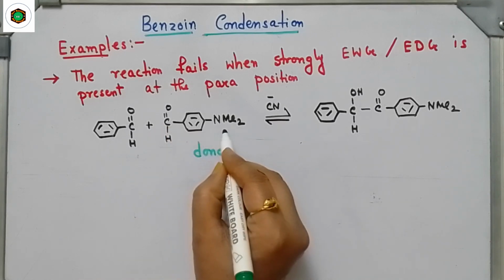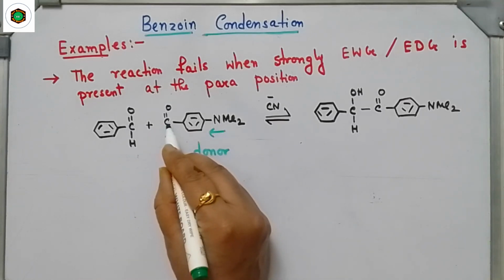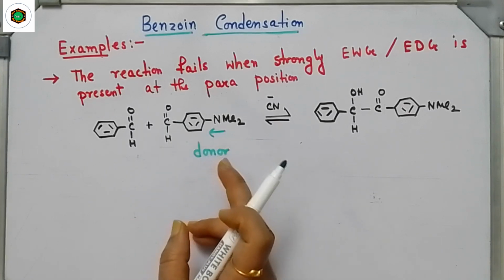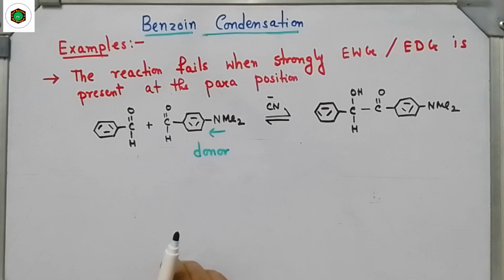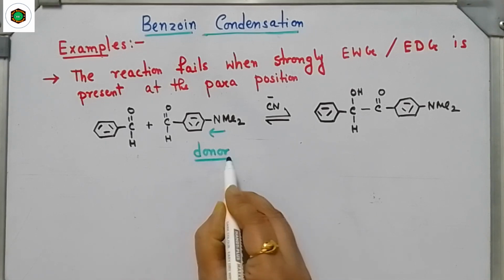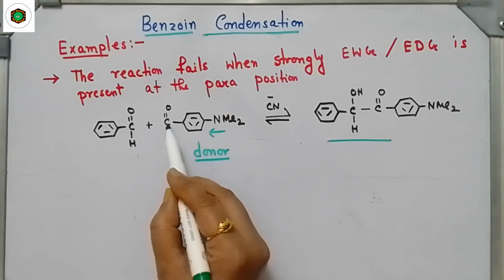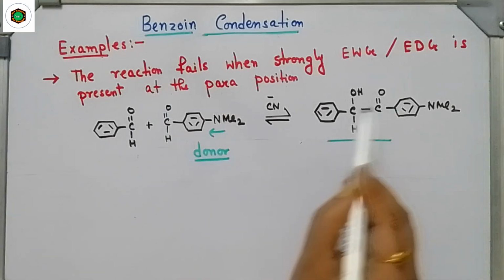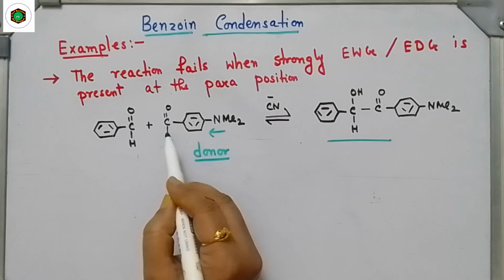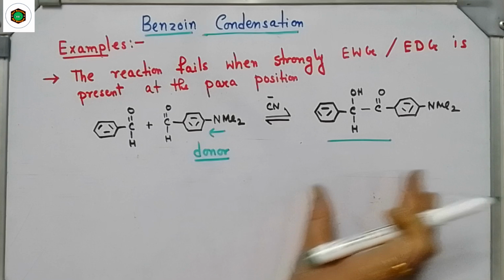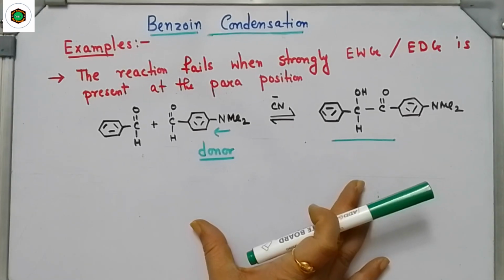But due to plus M effect, it will increase negative charge density on the carbanion which is formed in the donor molecule. So it can act as donor and we will get this. So since it is acting as donor, it will donate H, and this is acceptor, so it will accept that H. We will get this product.